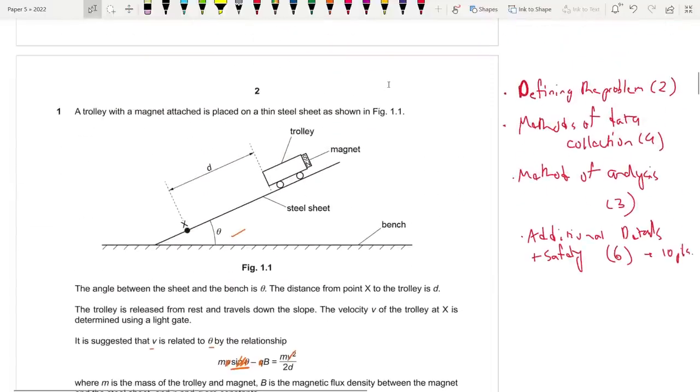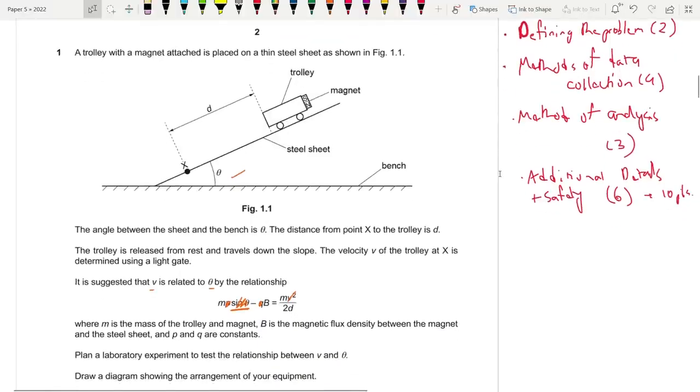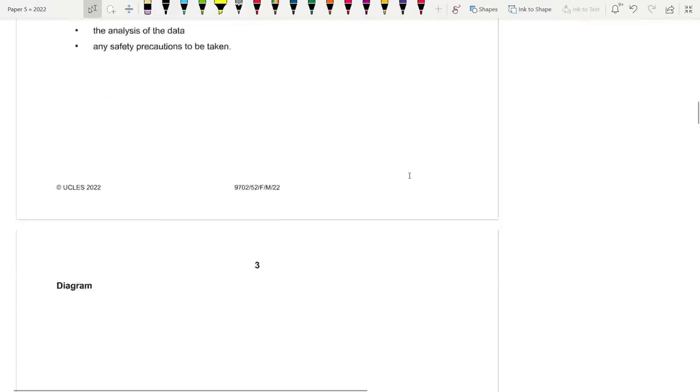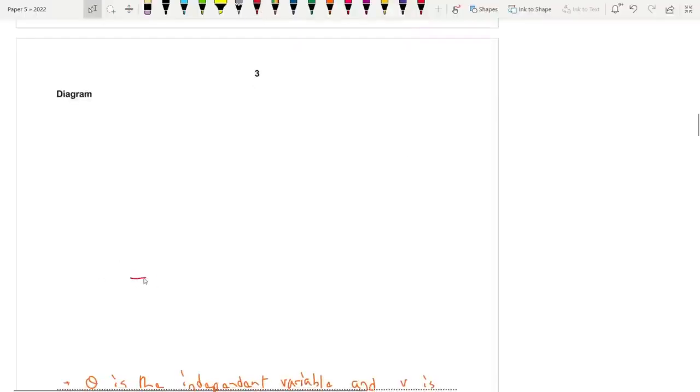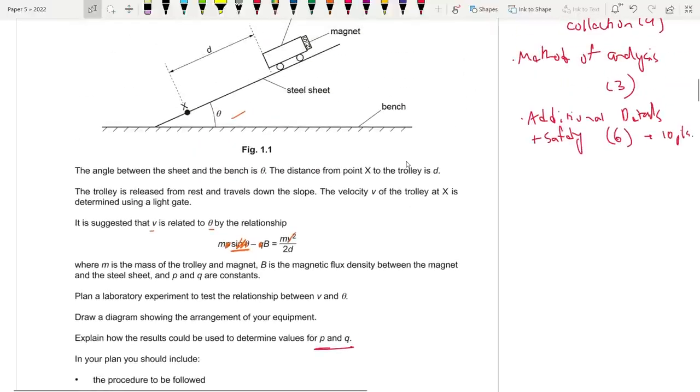Now let's talk about methods of data collection, and mainly the diagram. So what about the diagram? Typically you just have to look for what's missing. I'm just going to copy the diagram as it is. This was the diagram. We had the ground over here, followed by the steel sheet.